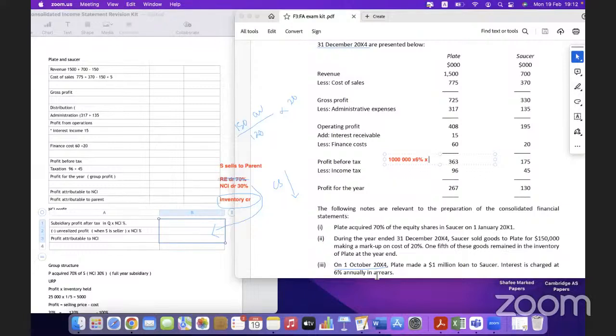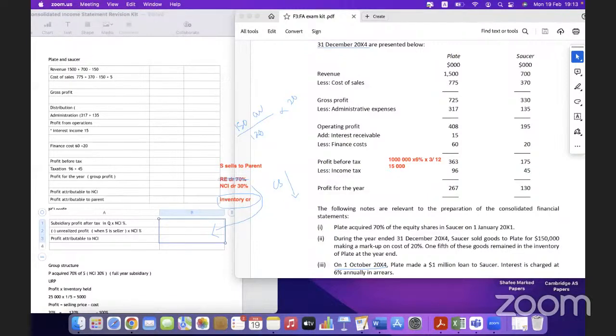No, no. We took it in October. Question is finishing in December. That means only how many months? 3 months. Multiply by 3, divide by 12. Check and see how much is going to be your loan interest. 1 million into 6%, that into 3 and divide that by 12. So therefore guys, answer is 15,000.